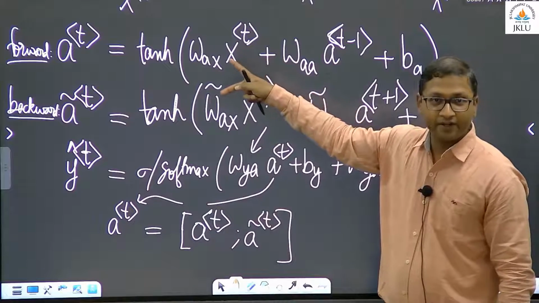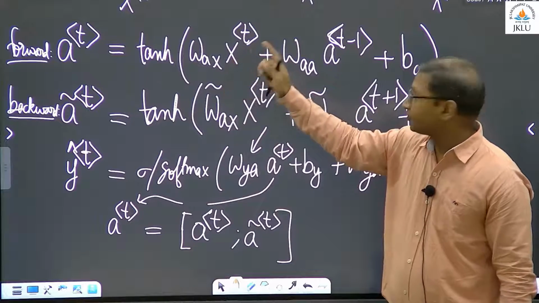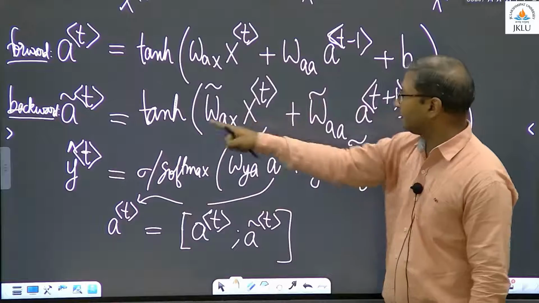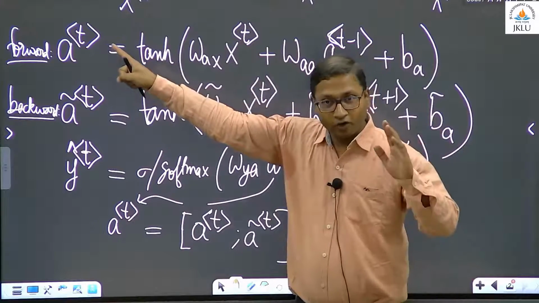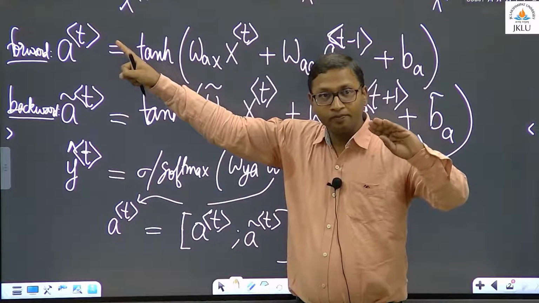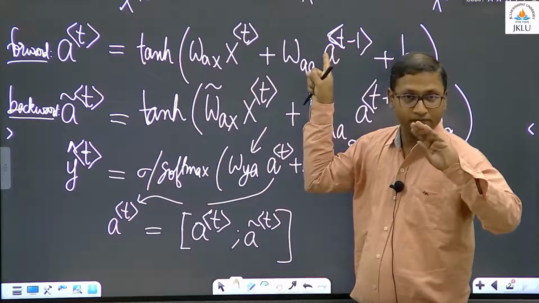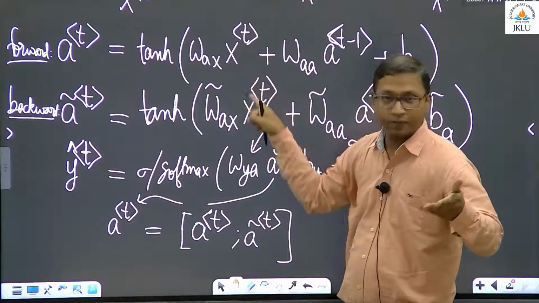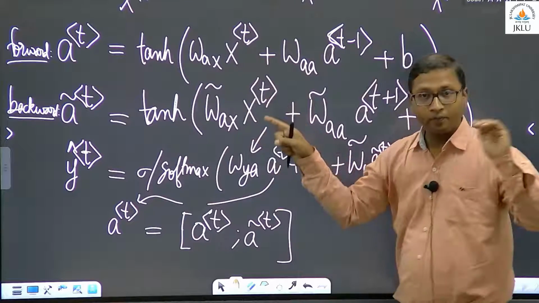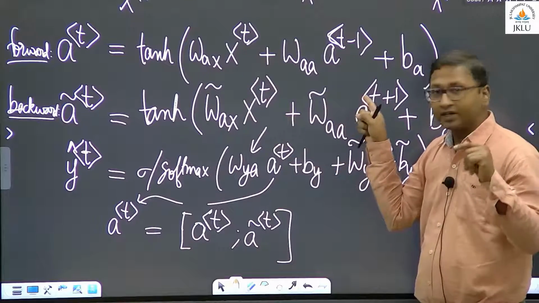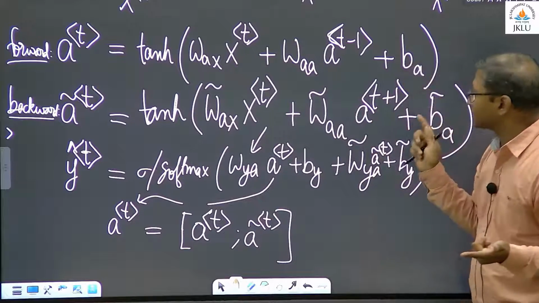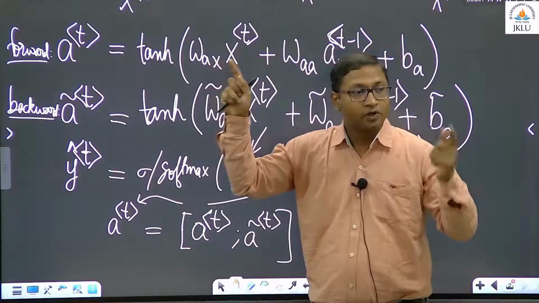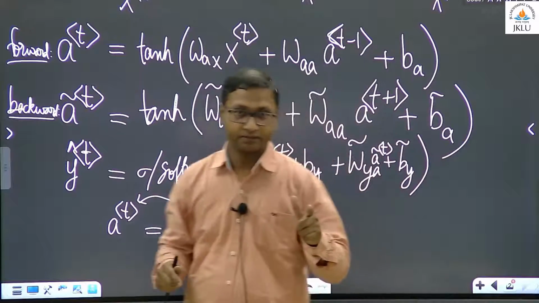First two equations fine. See, first this equation is repeated here. a_t for the forward direction takes input from a_t minus 1, but x_t remains the same in both. For the backward direction you will receive input from t plus 1. So this is what it is, and I am using tilde because these are different parameters.